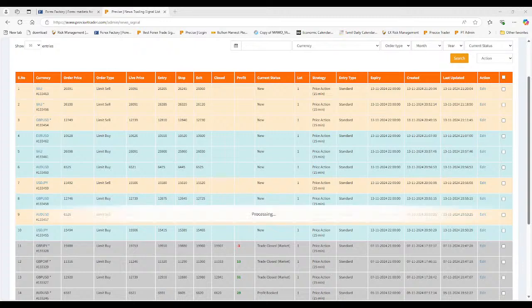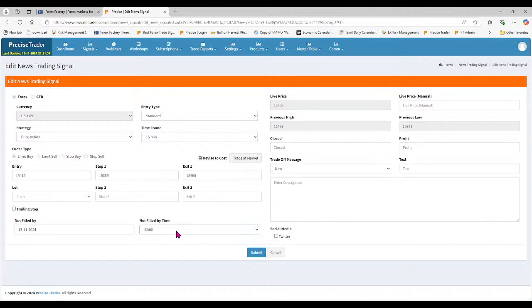Okay, dollar yen, we have a buy at 15415. What we will do is try to increase the time to 2330.